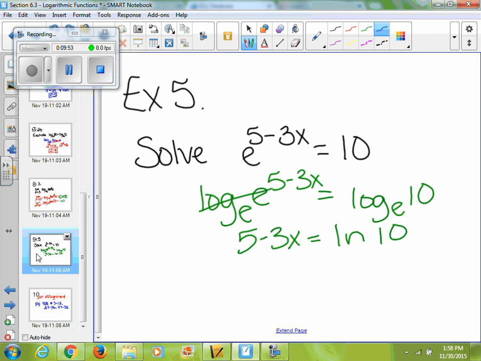What's going to be my next step in solving for x? You're just going to straight solve for x from here on out. So subtract 5.